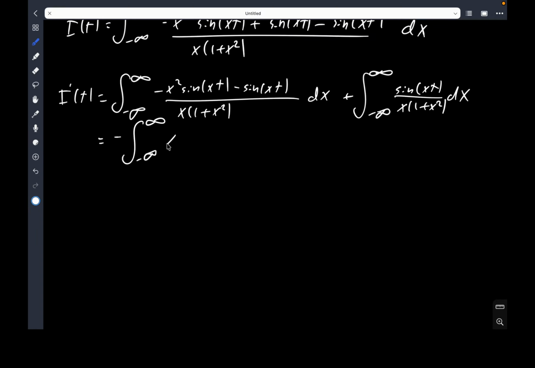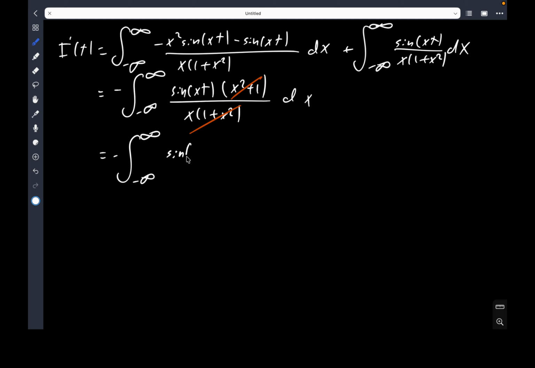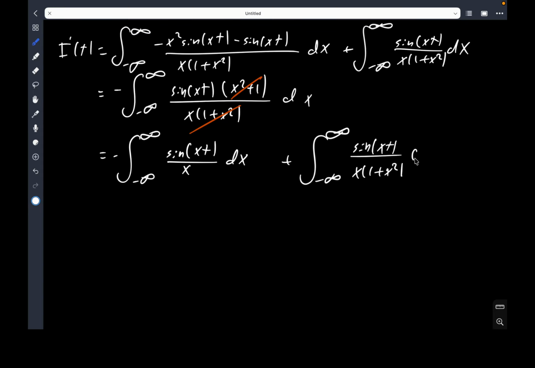These two here are going to cancel, and I'm left with the integral from negative infinity to infinity of sine of xt over x dx plus the integral from negative infinity to infinity of sine of xt over x times 1 plus x squared dx.